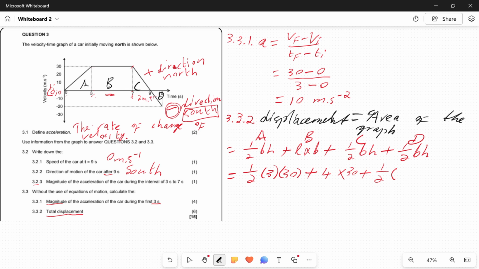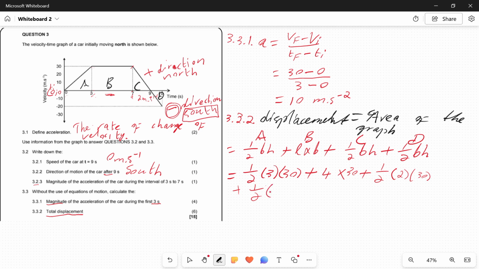So my base is 2. What about my height? My height is still 30 meters per second, plus the last shape, which is D, and that is also a triangle.